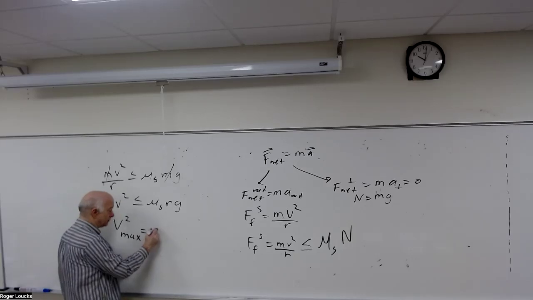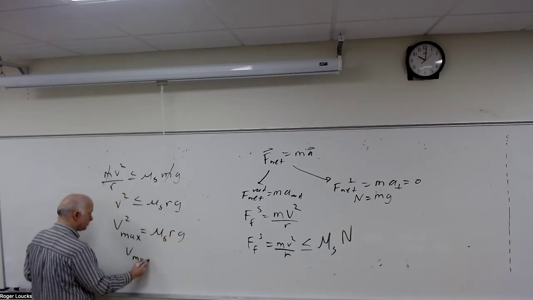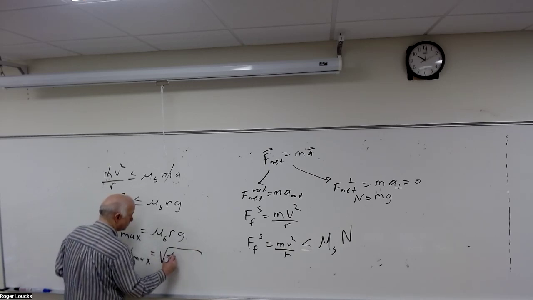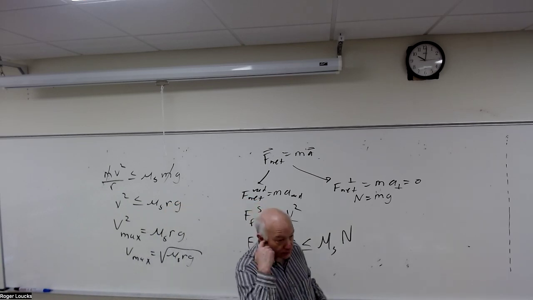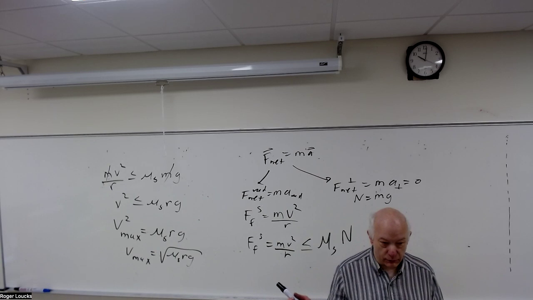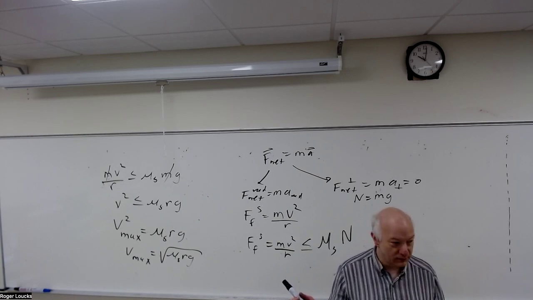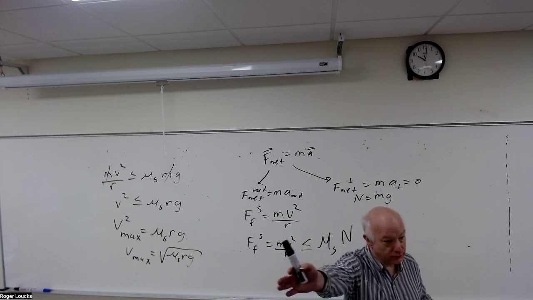That's how fast you can go. So what happens if you exceed that value? Does the static frictional force give you enough force to make the corner? No. So then your friction becomes kinetic. And what does your little car do? It goes right off the road.